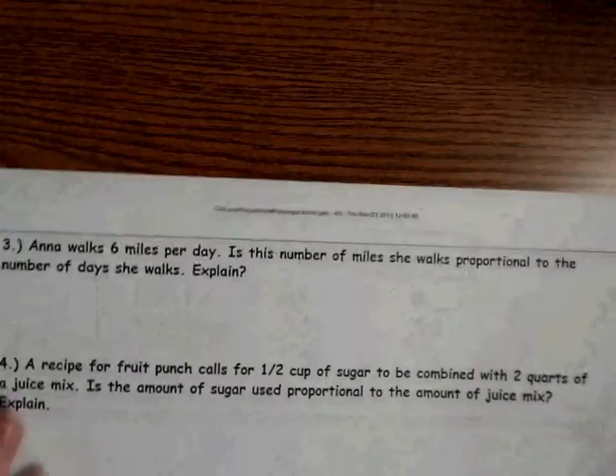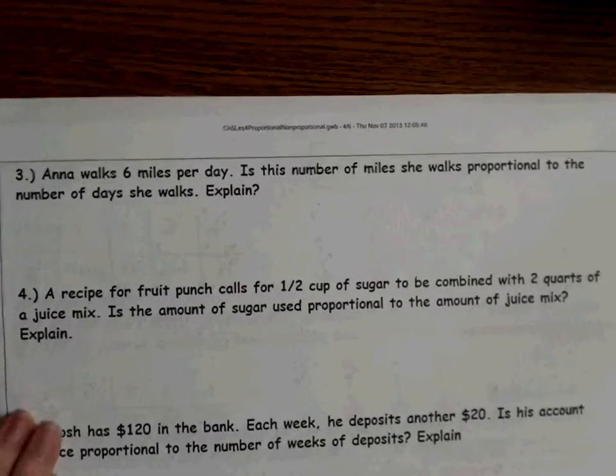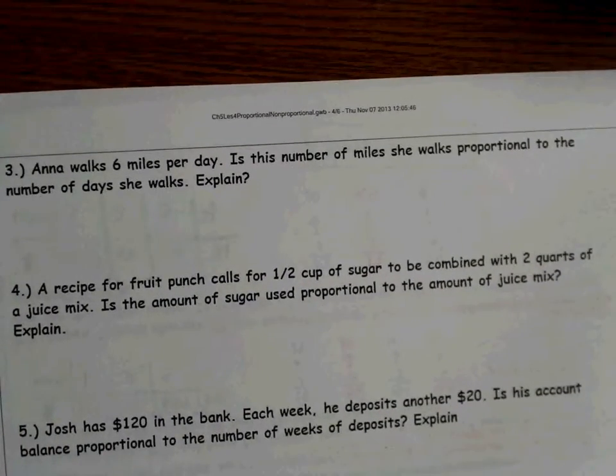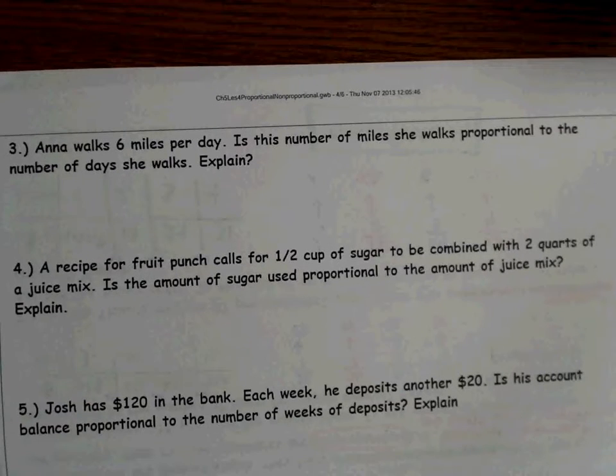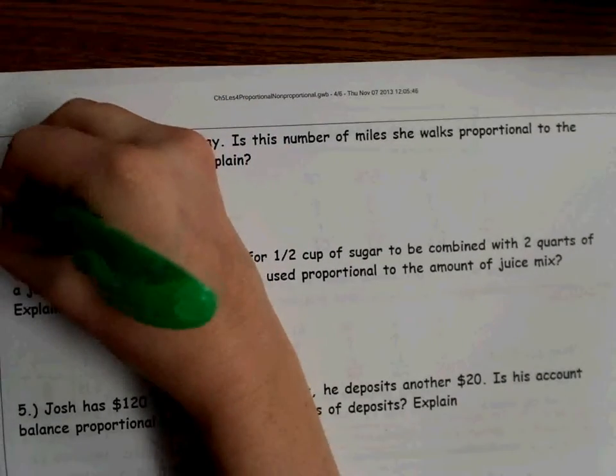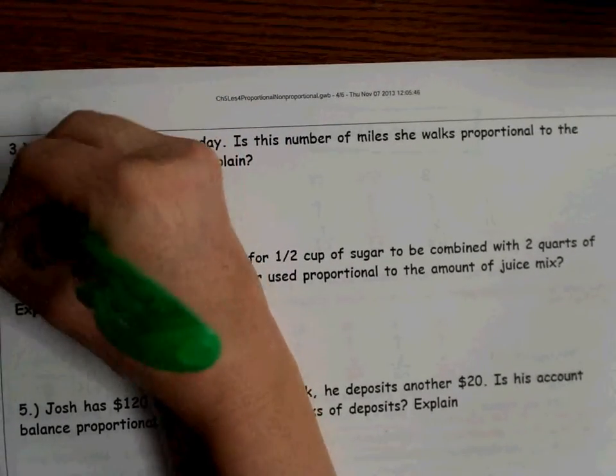All right. Let's go on to the back. Annie walks 6 miles per day. We want to know if the number of miles she walks is proportional to the number of days that she walks. Is the number of miles going to be proportional to the number of days? So again, we're just going to set up our chart.